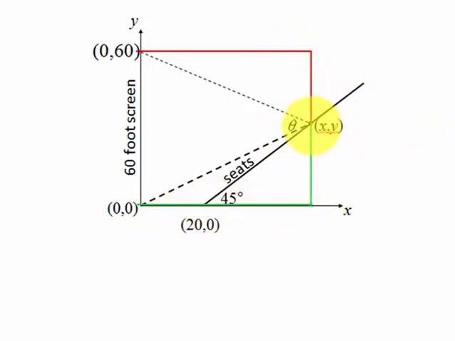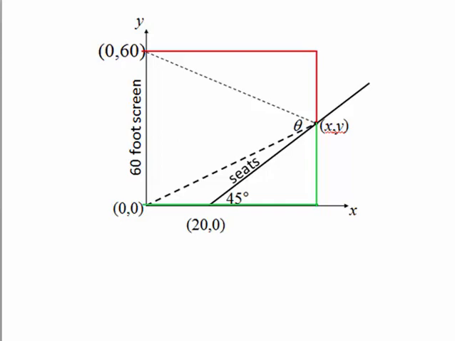Here we have the point (x, y), so we could get things in terms of x and y and ultimately in terms of x. A couple of things. We know that this is 20 and this is x, but this triangle right here is an isosceles triangle, because if this is 45, this is 45, since this is a 90.